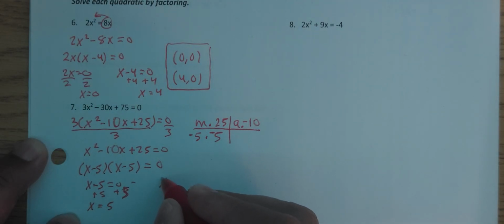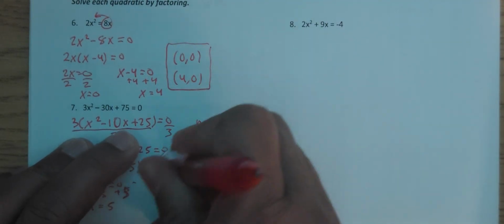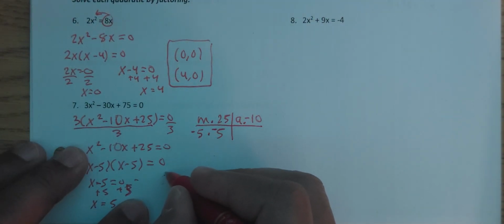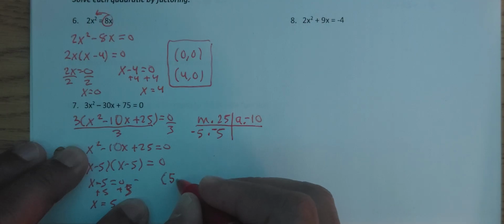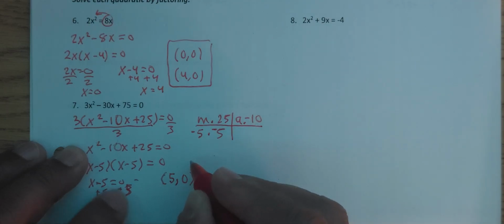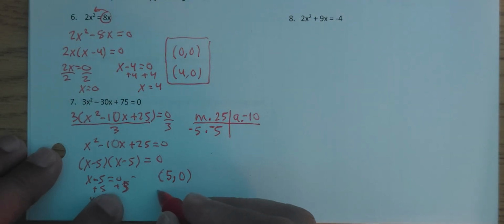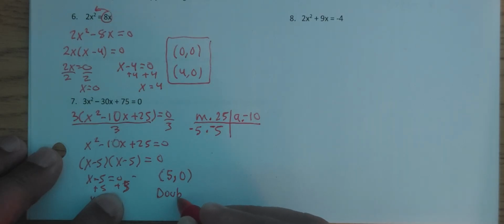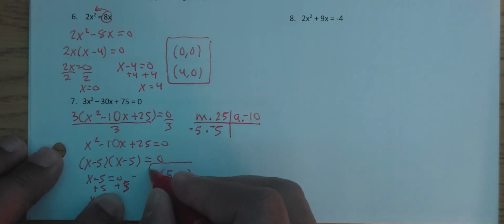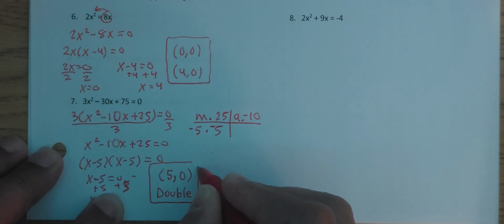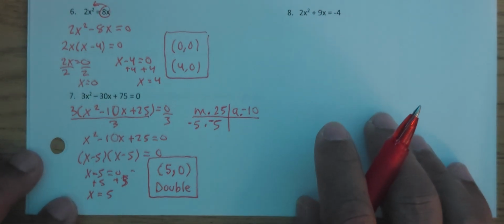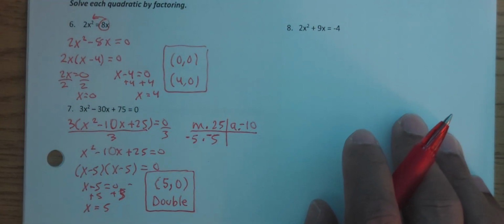The solution is the point of intersection with the x-axis, or the x-intercept: x is 5 and y is 0. But what's special is that we have two of them, which means this is a double solution. So we should see the graph only touching the x-axis and bouncing right off of it. So that's example number 7.